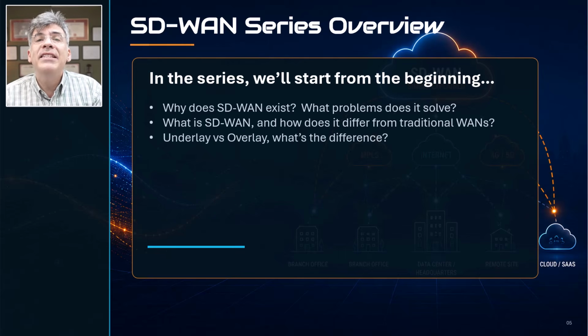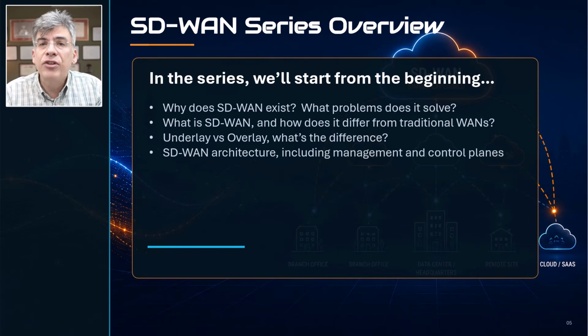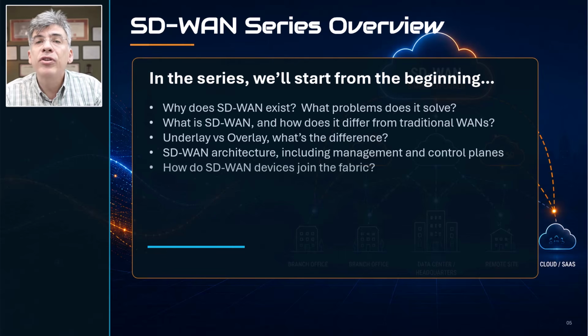We will also spend time on the difference between the underlay and the overlay, because that is one of the keys to understanding SD-WAN. Then we'll look at SD-WAN architecture, including the management plane, control plane, orchestration plane, and data plane. And we will also see how SD-WAN devices join the fabric, how tunnels are built, how routing works, and why routing still matters.